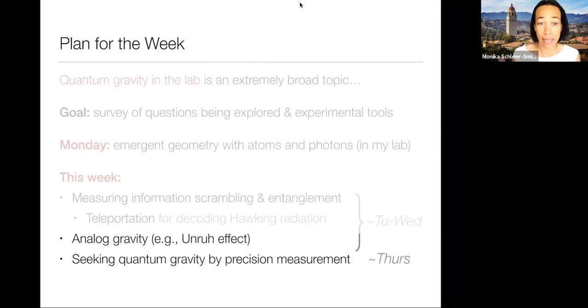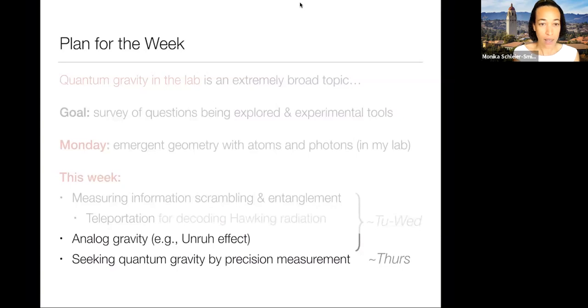And one thing we've seen is that some similar tools are useful for both: having two copies of a physical system that you can interfere with each other or that are entangled, and having the ability to perform random unitaries. Those are both valuable tools that have been applied to some of these topics. And we talked about teleportation for decoding Hawking radiation. A couple of other things I promised to comment on.